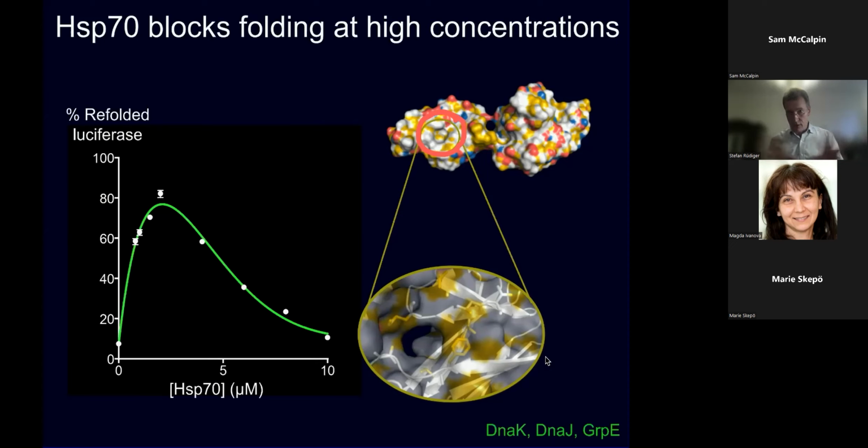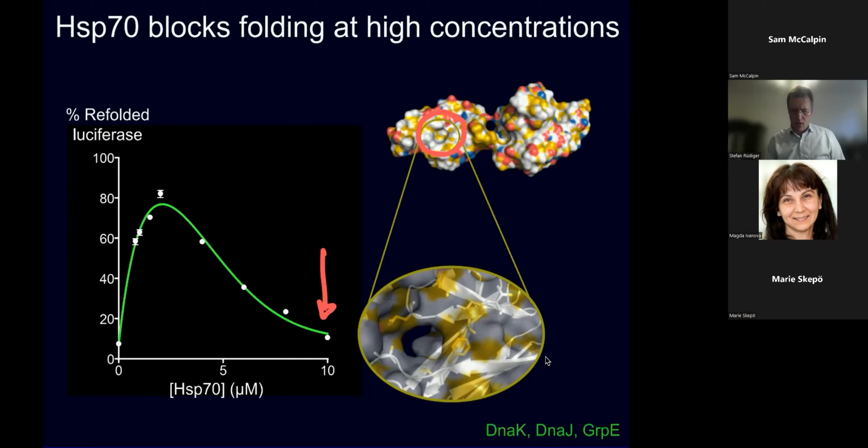You have a lot of hydrophobic residues that form the hydrophobic core, and that's recognized by HSP70. So HSP70 binds to the very exact residues that form this hydrophobic core. So now, if you put in a lot of HSP70, such as what we do have here, 10 micromolar, then actually the hydrophobic core around which the protein folds cannot form anymore. And that's why you get this failure of folding.